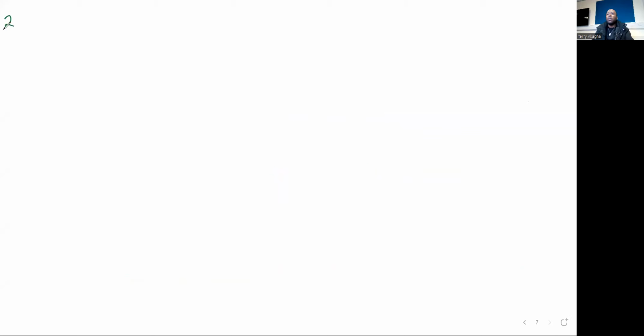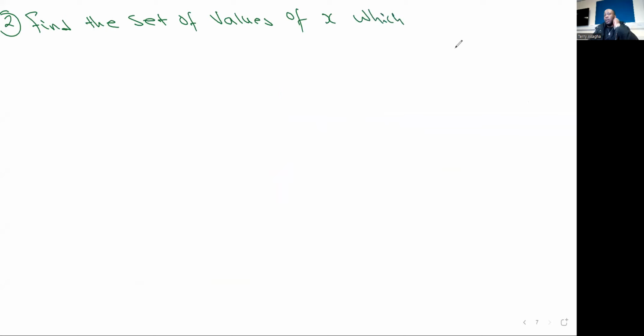So number 2: find the set of values of x for which f of x is decreasing.